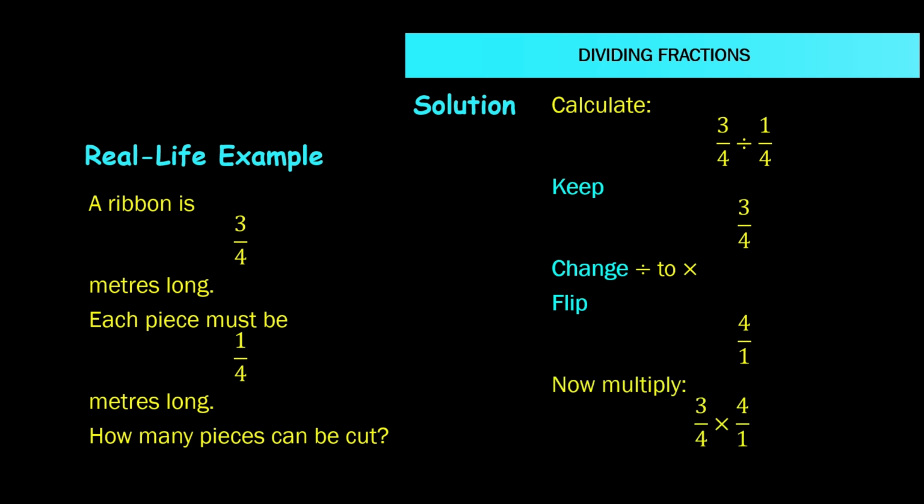So 3 over 4 times 4 over 1 gives 3 times 4 over 4 times 1, which is equal to 12 divided by 4, which is equal to 3. Therefore, the final answer is 3 pieces.